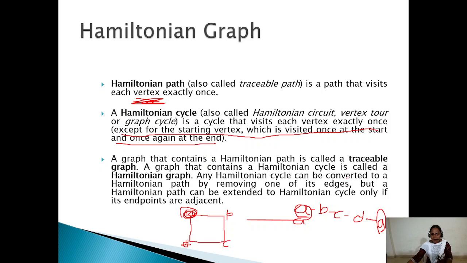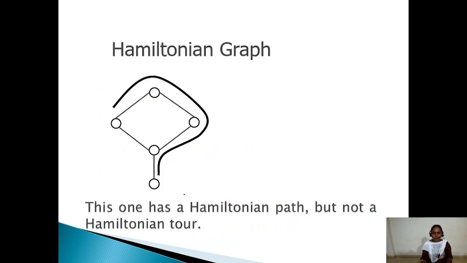Any Hamiltonian graph can be converted to a Hamiltonian path. If the Hamiltonian circuit is satisfied, this graph is a Hamiltonian graph. See this example. This one has a Hamiltonian path.